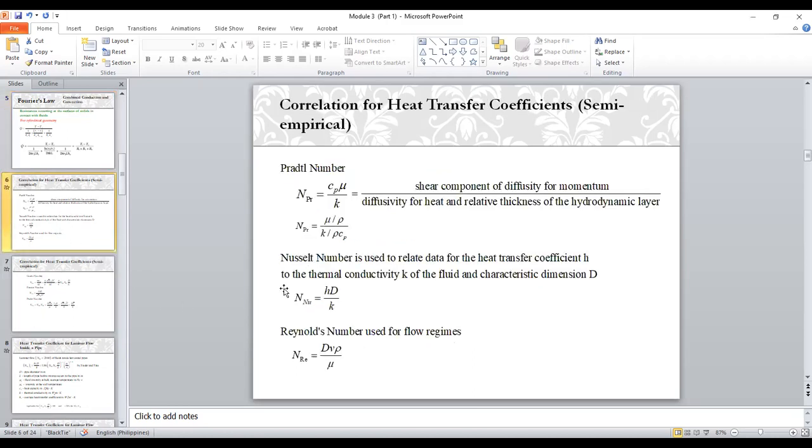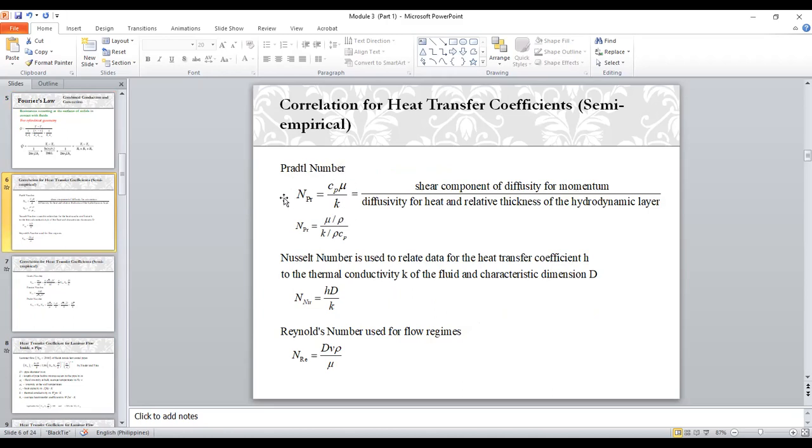Now, in here, we need to first establish the flow of our fluid before we can appropriately substitute the heat transfer coefficient. Now, we have these particular empirical formulas that will point out to us the value of our H, the heat transfer coefficient here. Now, we have the Prandtl number.